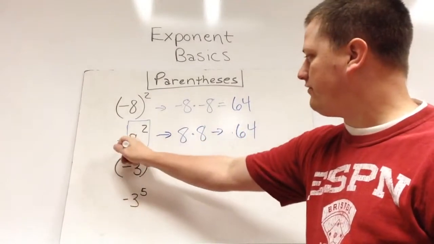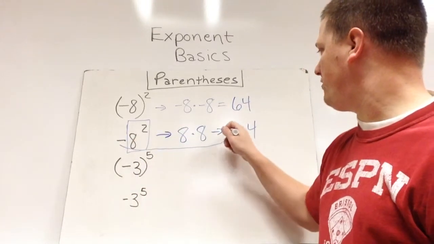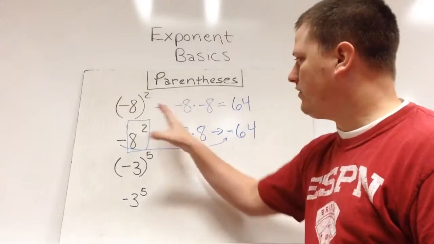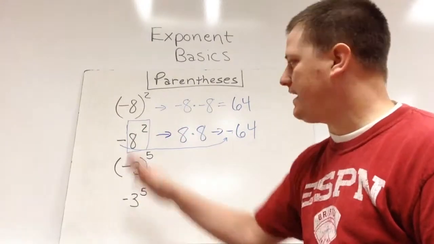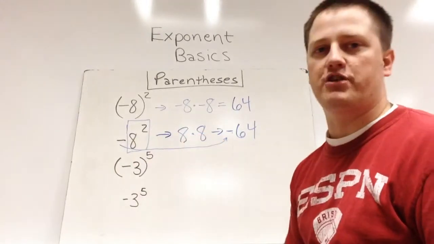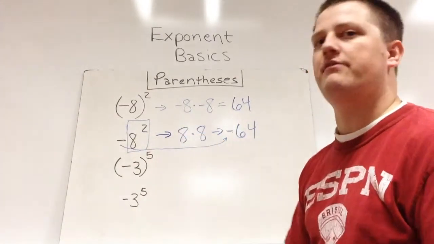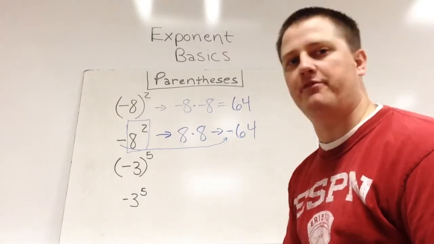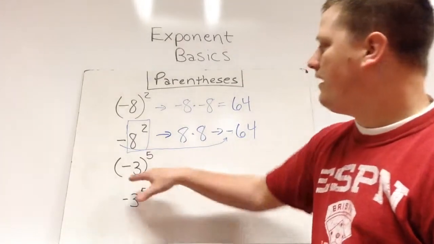But the negative travels all the way across to make it negative 64 here. So it's not that the negative isn't in the problem, it's just not part of the multiplication part. It just automatically floats to the end. It has kind of a go-ahead card for Monopoly or something.